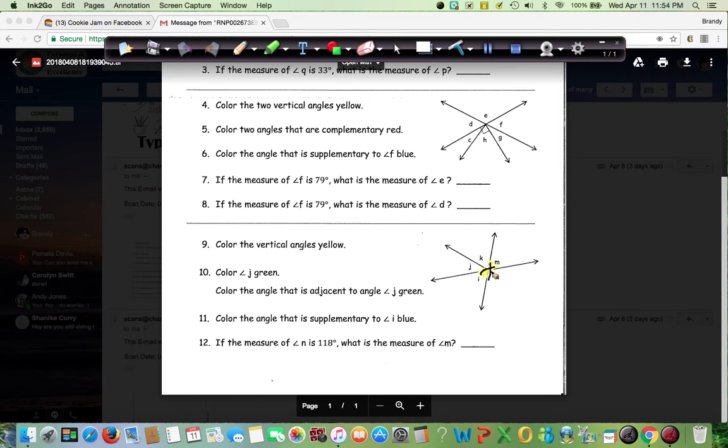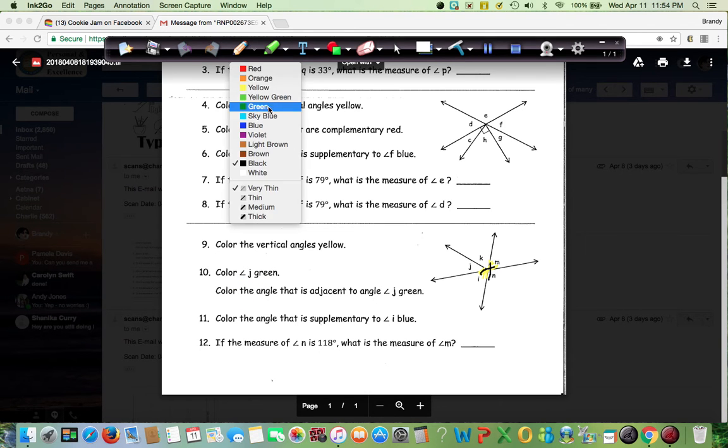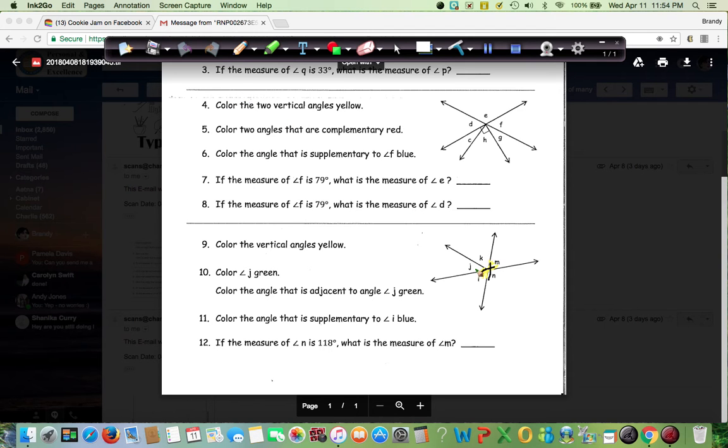Oh well, it'll work. All right, so number 10 says color angle J green. Well, that's easy enough. So grab my green. Here's angle J. We're just going to color this in green. Again, you can color the whole thing like I did at the top. I'm just trying to make this a little bit faster.